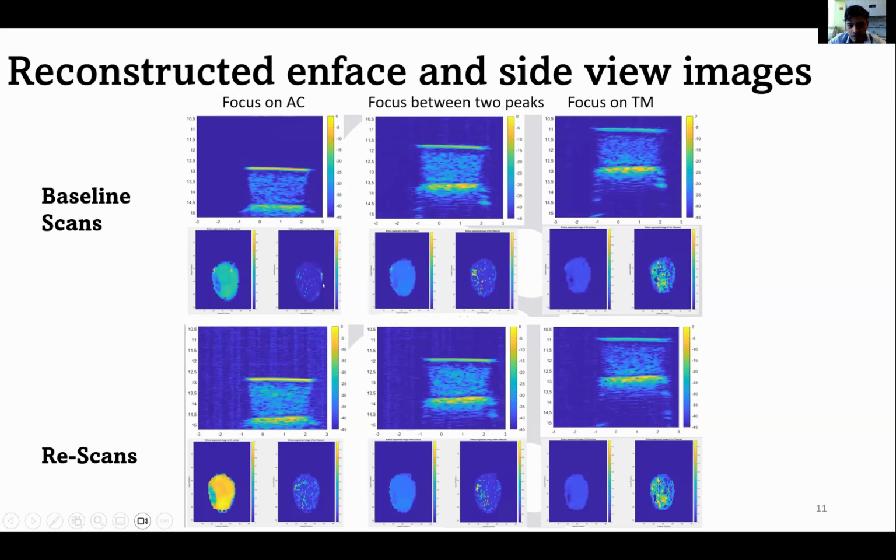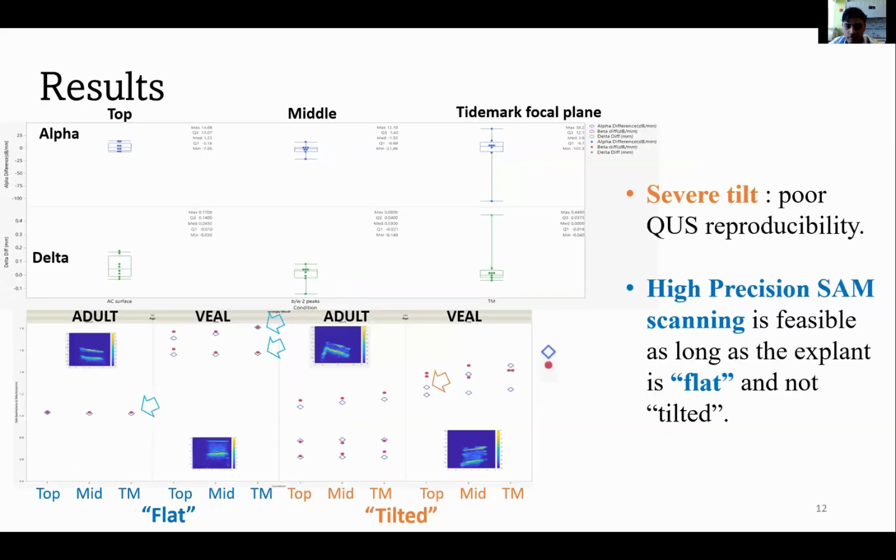We measured the ultrasound parameters in all of these cases at baseline and the rescans, and what we found out was that there was no significant change in the ultrasound parameters when focused across different focal depths. However, we saw that the explants that had an irregular surface and a severe tilt were associated with poor reproducibility of the ultrasound parameters.